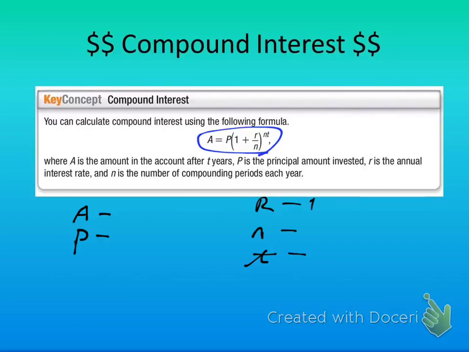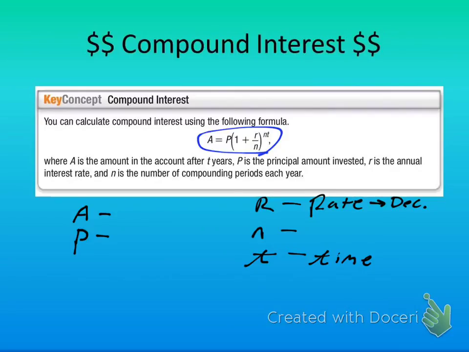Rate. Your interest rate. Make sure it gets to be a decimal number, because remember, it's going to be given to you like 7.2%. Make sure you make it a decimal. What's T? Time. Pretty much every single problem you ever do in here, T is time.